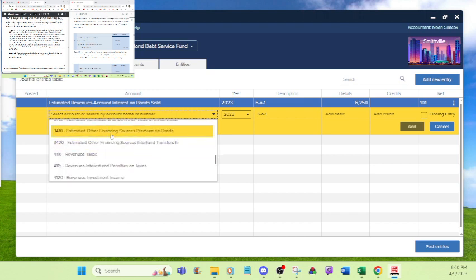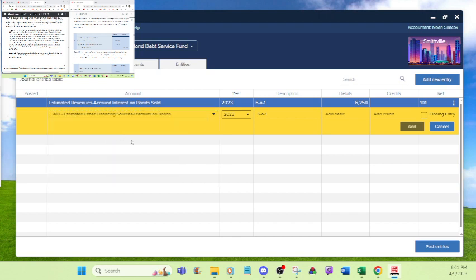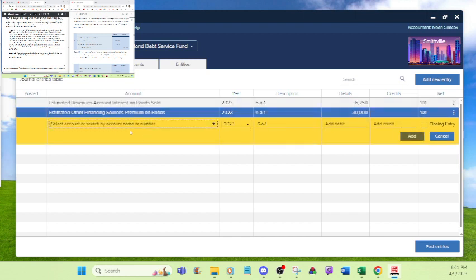We have estimated financing source for premium on bonds sold, which is going to be 30,000.